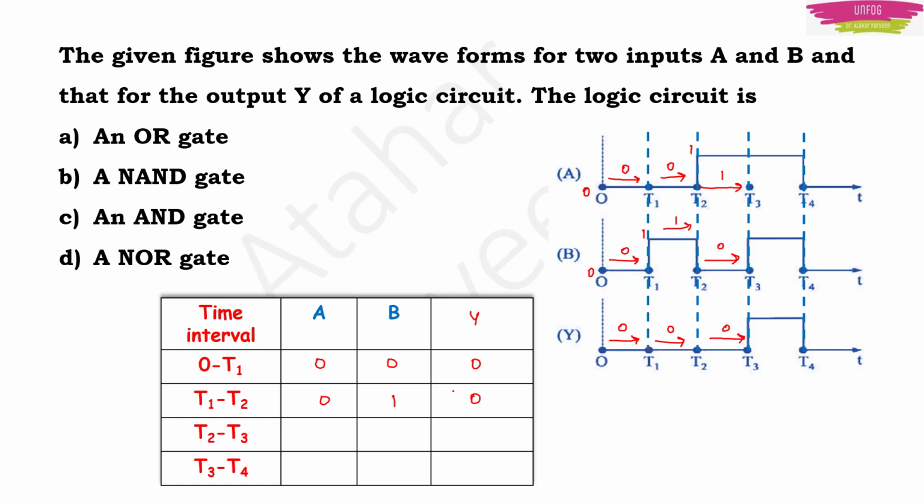So it is 1, 0, 0. Again from T3 to T4, our input A is 1, input B is 1, output Y is also 1. So this will be our truth table. By seeing the truth table, you can easily say that this truth table belongs to an AND gate. So option 3 or option C, an AND gate, is the right answer.